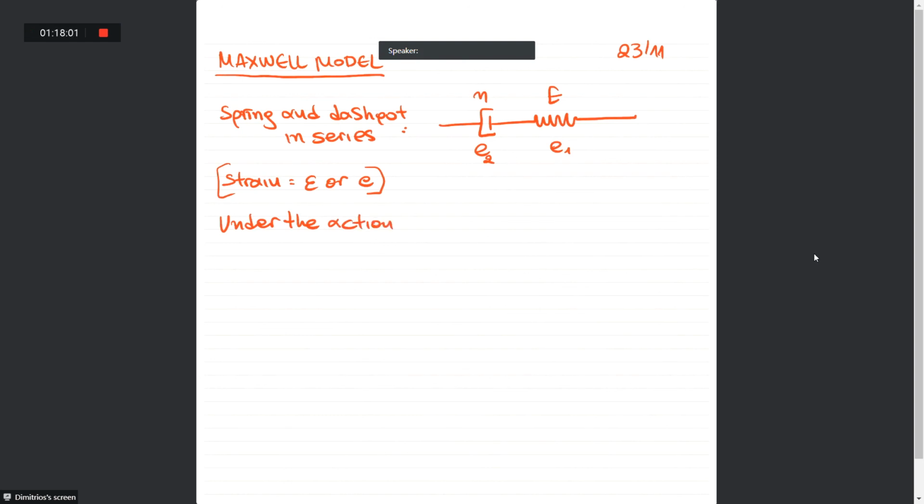So in this case, under the action of stress, the overall strain is e equals e1 plus e2, okay? And let's say this is equation 1. Now, we can see the two elements are in series, okay?